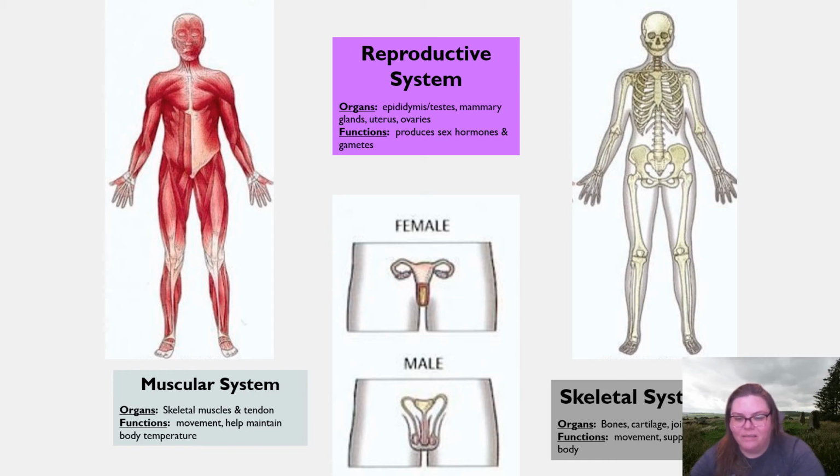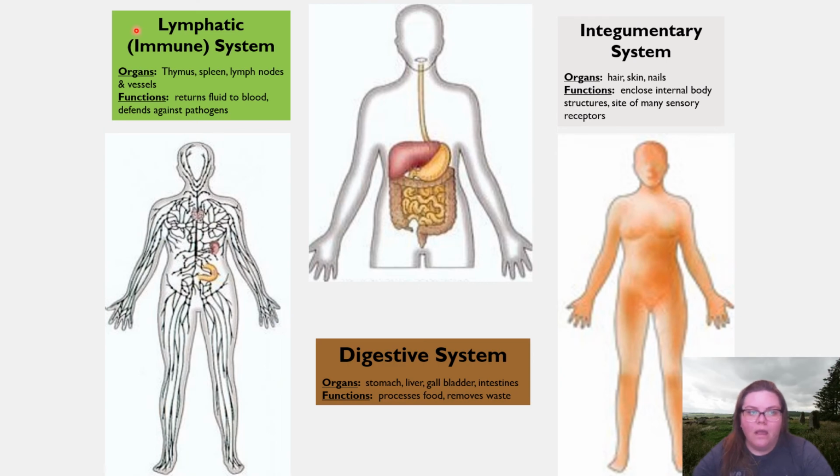Your skeletal system is your bone, cartilage, and joints. This helps with movement and supports the body. The lymphatic system or the immune system is your thymus, spleen, lymph nodes, and the vessels that are included within it.